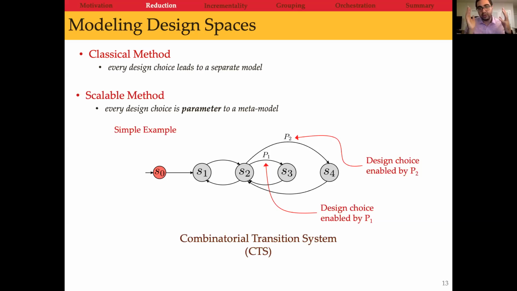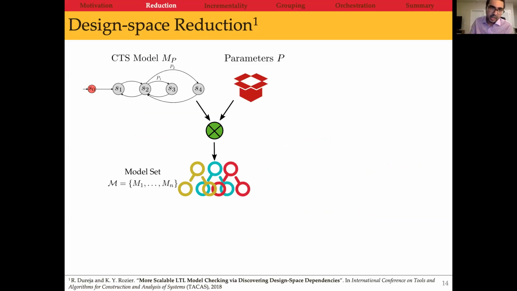So now we can model efficiently this large design space using a CTS with parameters, and to use a more technical word, every projection of parameters leads to an individual model that has to be checked against the design requirements. In principle, a combinatorial transition system model can represent thousands of models under different parameter configurations.